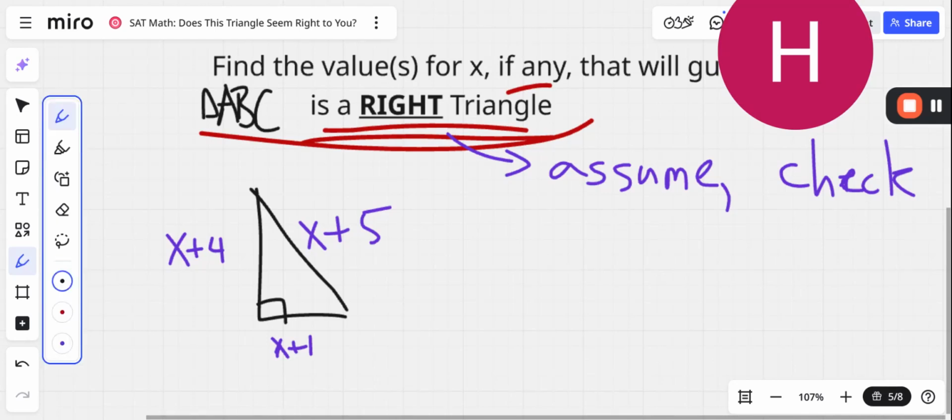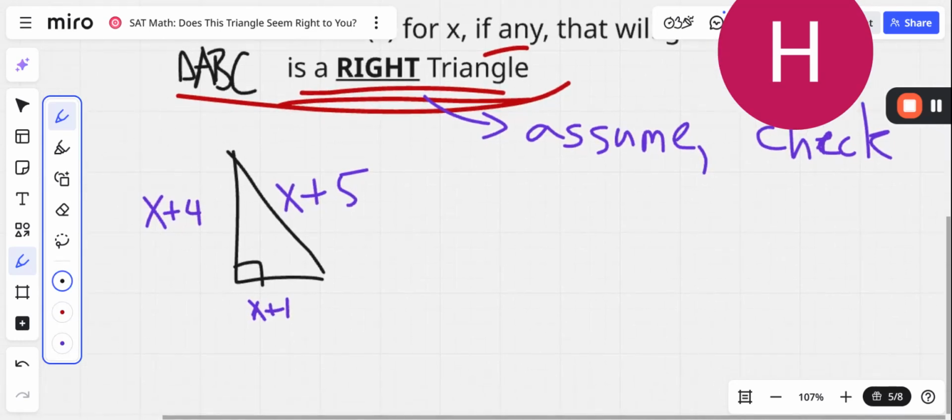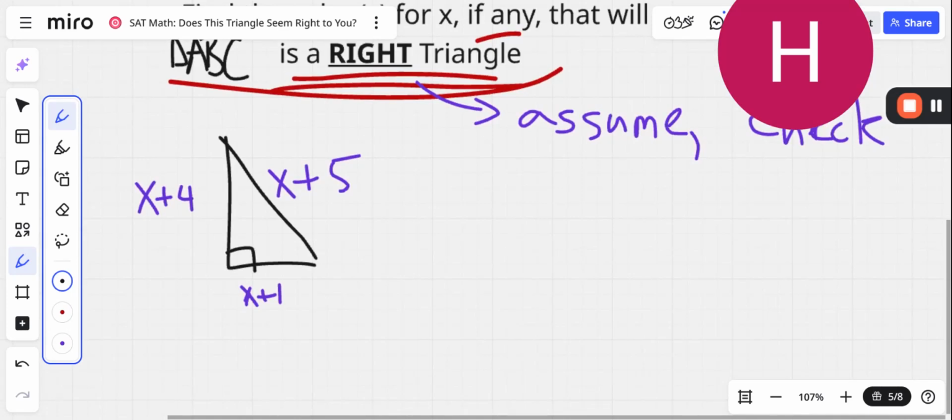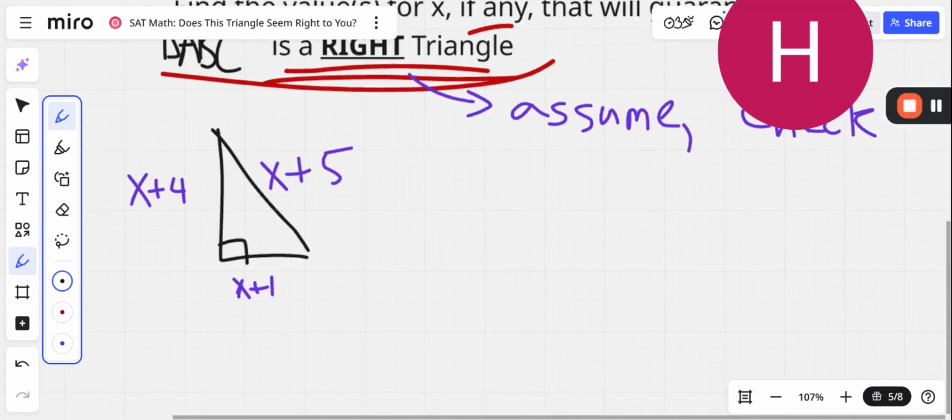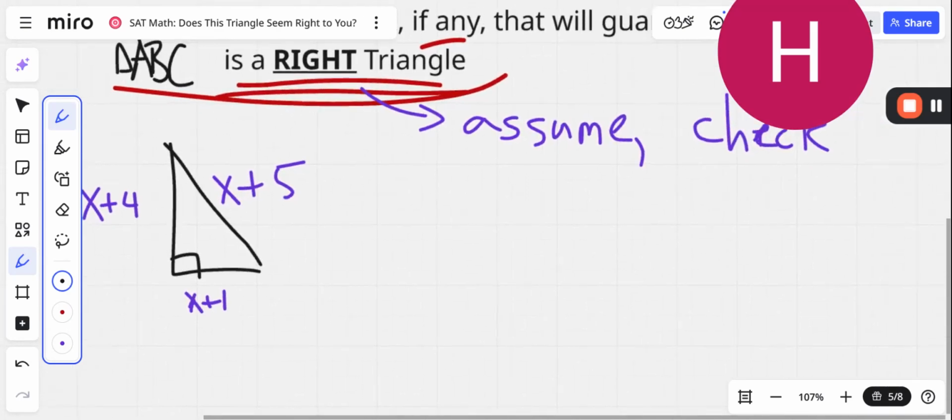You can plug and chug with some values and maybe you'll get some nice values that work out. But how do we check it for sure? I don't think you would be able to find the values just by trying to do it mentally, but maybe you'd surprise me. Well, if we assume the triangle is a right triangle, then the Pythagorean Theorem is true, because the Pythagorean Theorem is true for any right triangle.